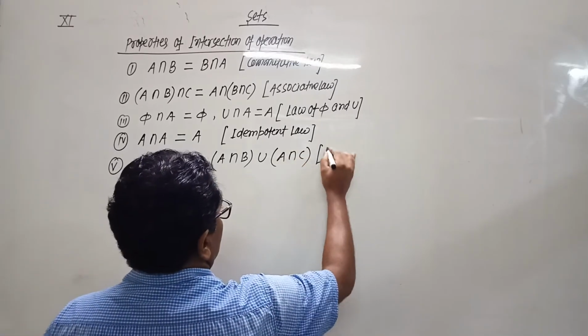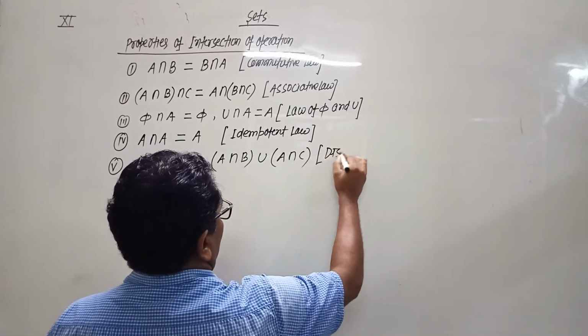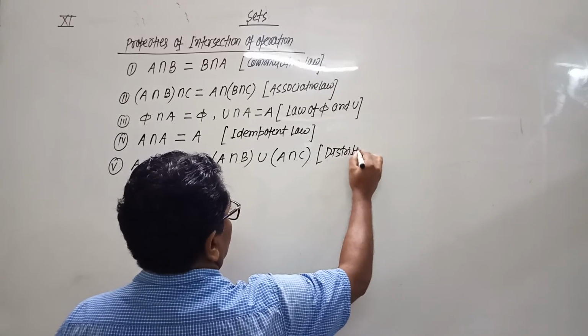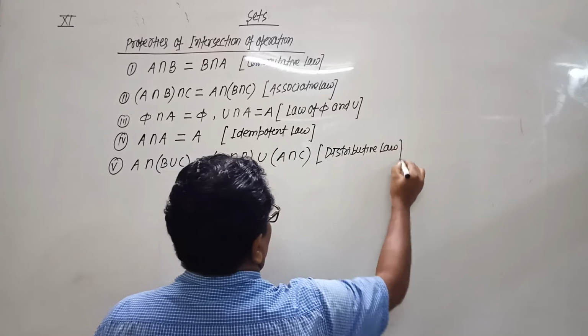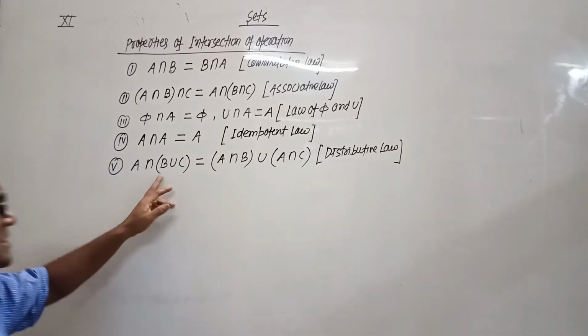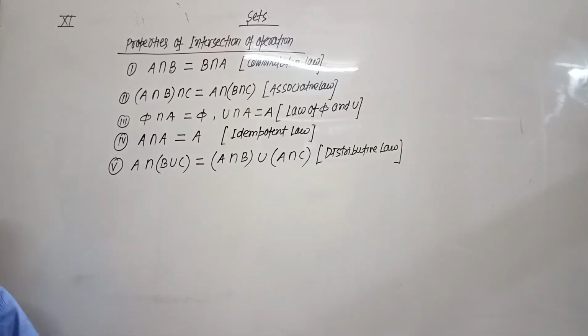This is called distributive law. A intersection (B union C) equals (A intersection B) union (A intersection C).